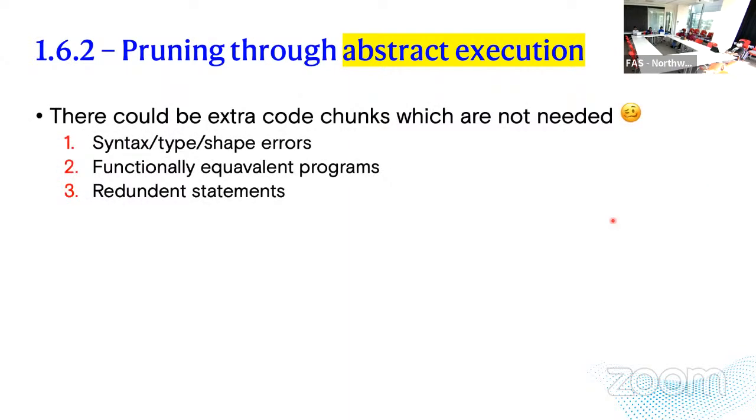What they say is that when we do these sort of mutations, we always come up with programs which are sort of invalid or which have type or shape errors. And sometimes these programs have already been explored previously. So those are functionally equivalent programs, and there are redundant statements. So there could be optimizers with these issues.